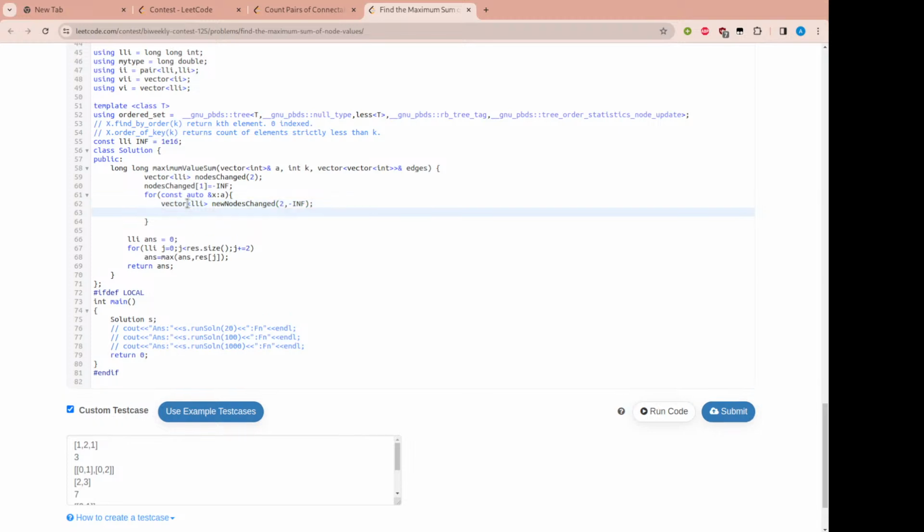Everything is infinity. Either we do not change anything, or we take odd nodes from the original graph and add it over here.